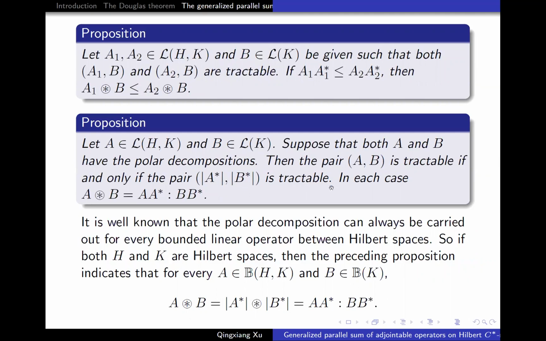And in this case, we have this equation. So in this case, the general parallel sum is exactly the parallel sum of A star and B star. Okay, so we have seen some connection between the general parallel sum and the parallel sum.